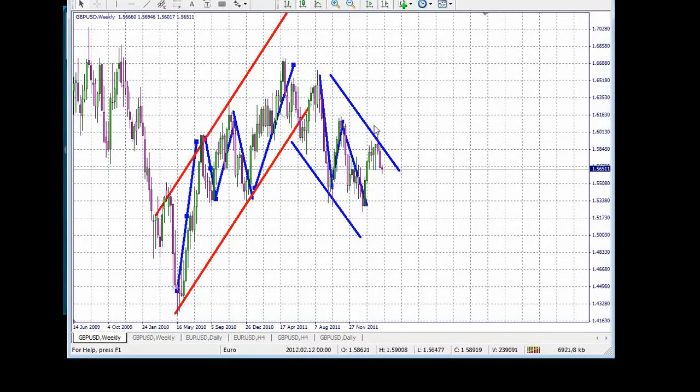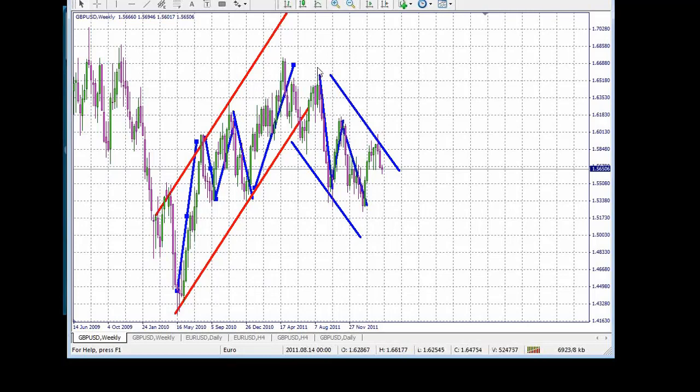I want you to consider that this is not exactly the trend line as we used to draw in the platform, which is not very precise.